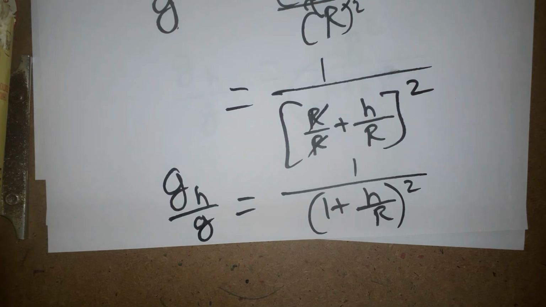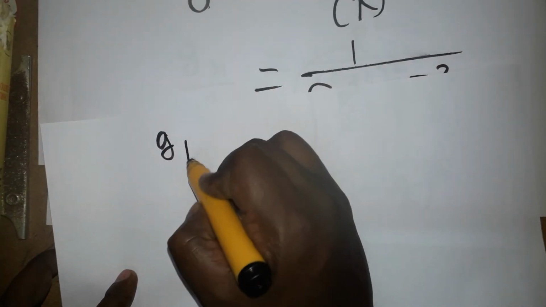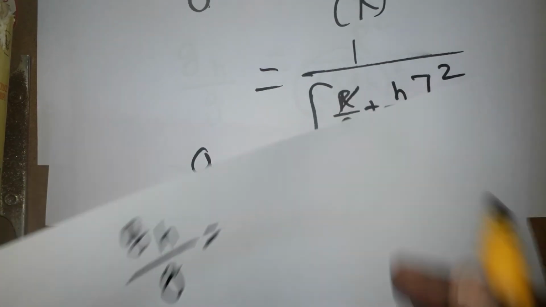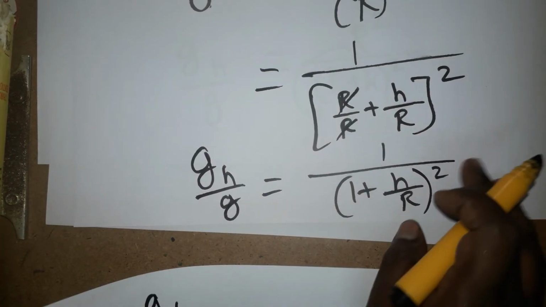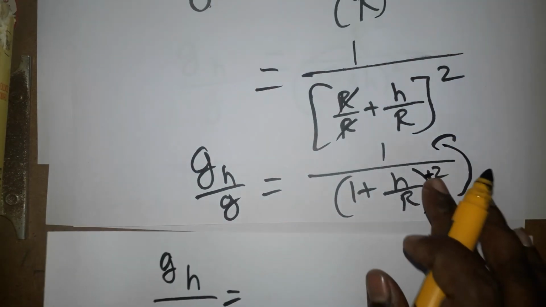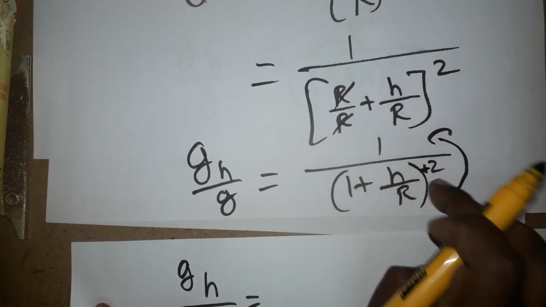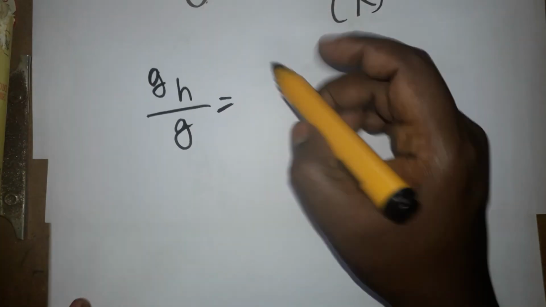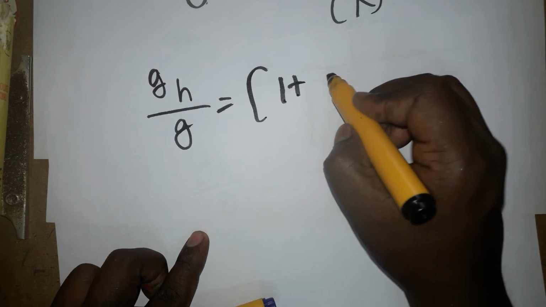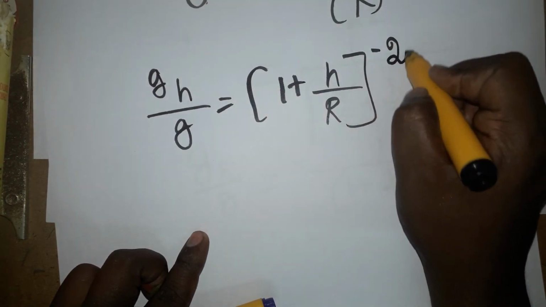Now it's very simple. gh divided by g is equal to, taking the denominator to the numerator, the plus 2 changes to minus 2. I'll repeat: the denominator term goes to the numerator, and the power changes to minus 2. So we get 1 plus h divided by r, to the power minus 2.